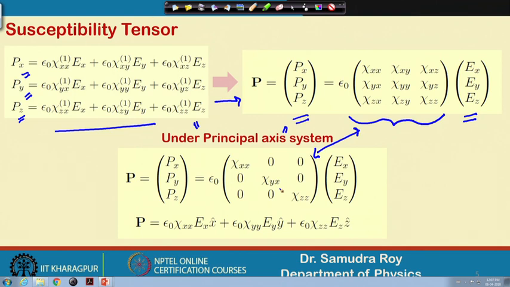If a matrix is given to you, you can find its eigenvalues, and the eigenvalues are the diagonal elements. So, that is one way to understand that I can diagonalize a matrix, and when I diagonalize the matrix, the quantities sitting on the diagonal are nothing but the eigenvalues.